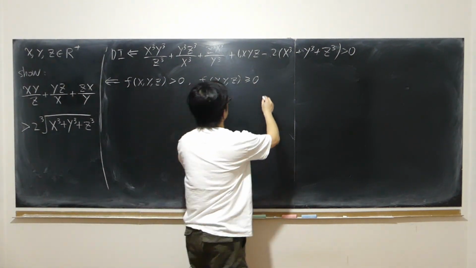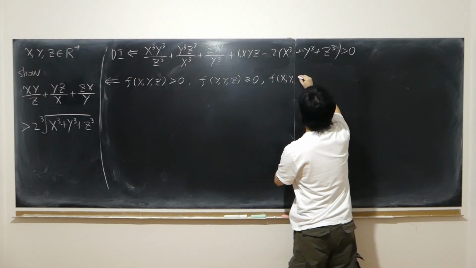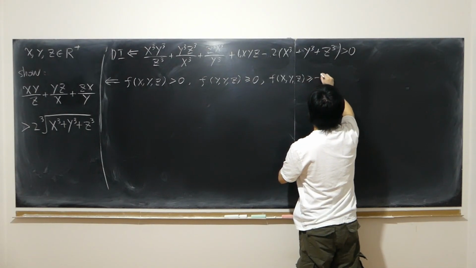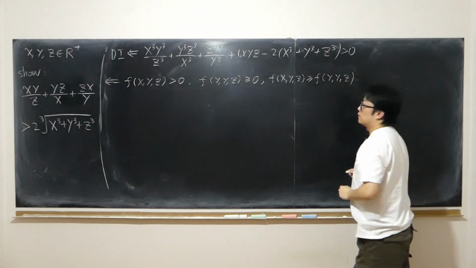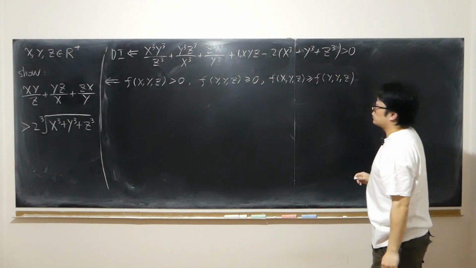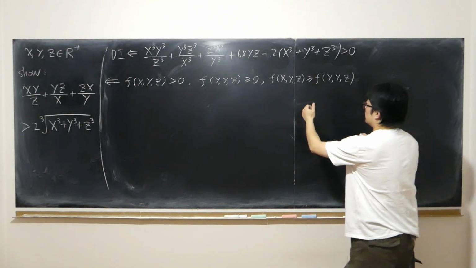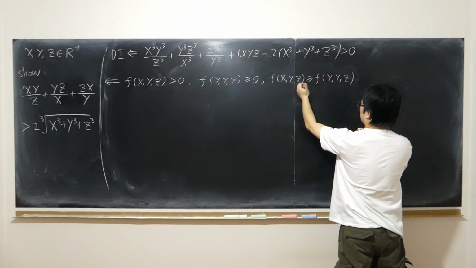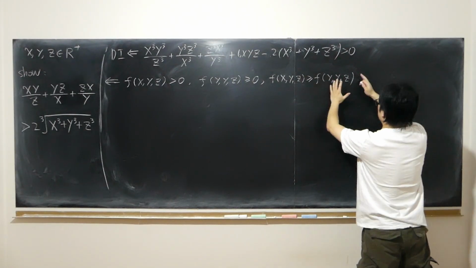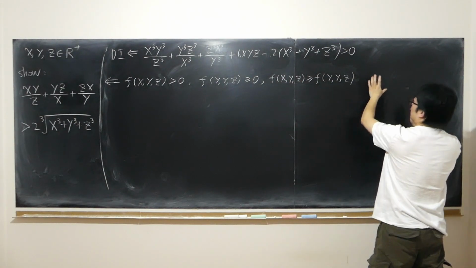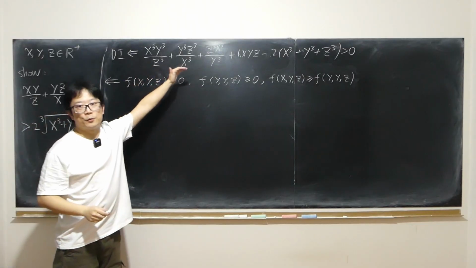And at the same time, if we can show f of x, y, z is greater than f of y, y, z, that's the crucial step. If we can show that, we're done. The reason is because this is bigger than that, and that is bigger than 0, so this is bigger than 0. That's our desired inequality.